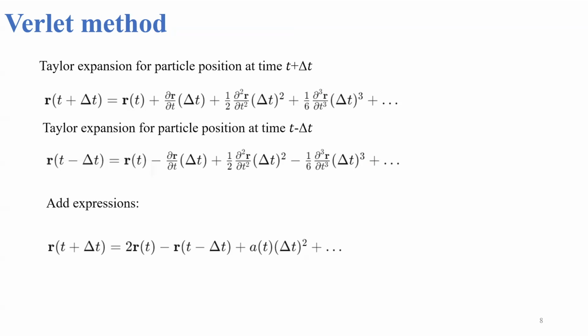But in Taylor expansion, what we're trying to do is, suppose we know the position r at time t, and we want to predict the state at time t plus delta t, a small step.